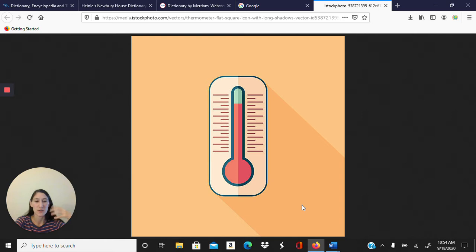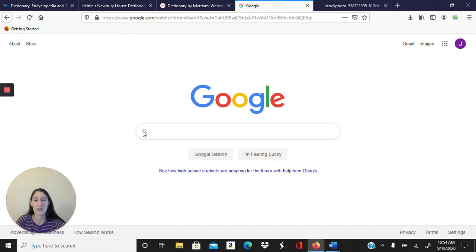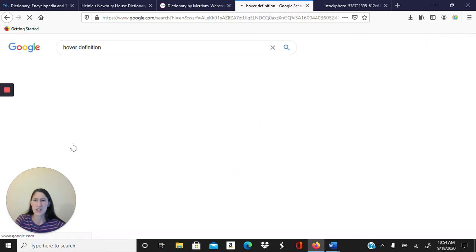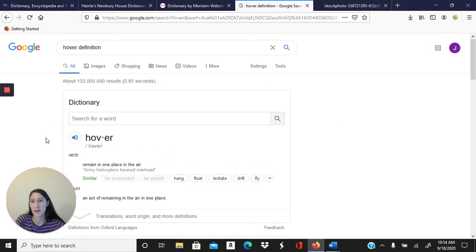But if I want to confirm or if I'm still a little bit unsure, then I would go to the dictionary. Now your first reaction might be go to Google and say hover definition, right? Or what does hover mean? And when I look that up, I can get some good information, right? I can listen to it, which is really helpful.